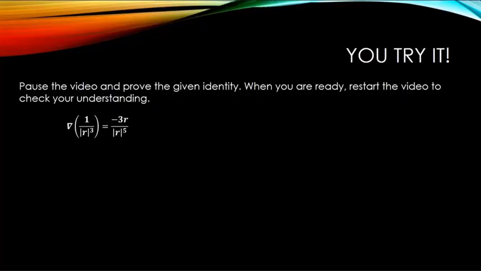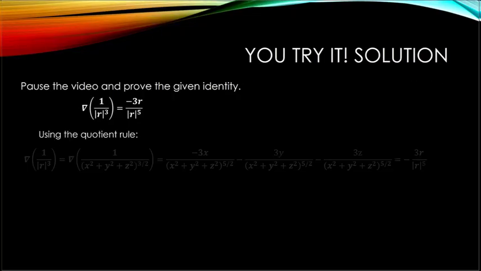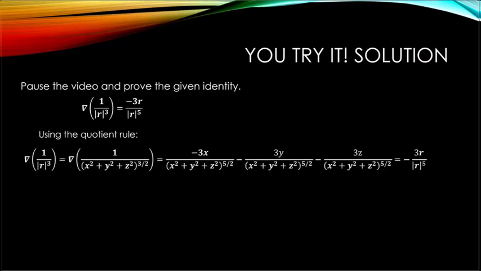You need to prove that the gradient of 1 over the magnitude of r cubed is equal to negative 3 times the vector r over the magnitude of r raised to the fifth power. I first want to use the quotient rule again. The gradient of 1 over the magnitude of r cubed is equal to the gradient of 1 over the quantity x squared plus y squared plus z squared raised to the 3/2 power.